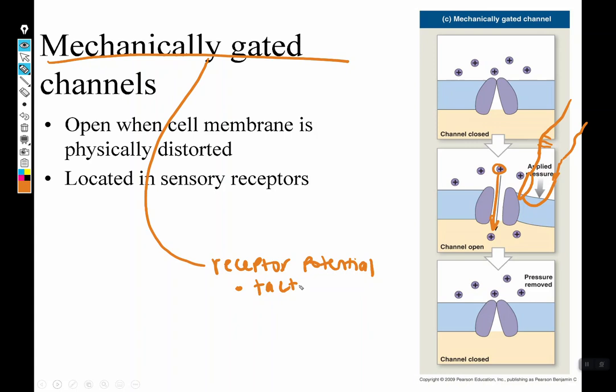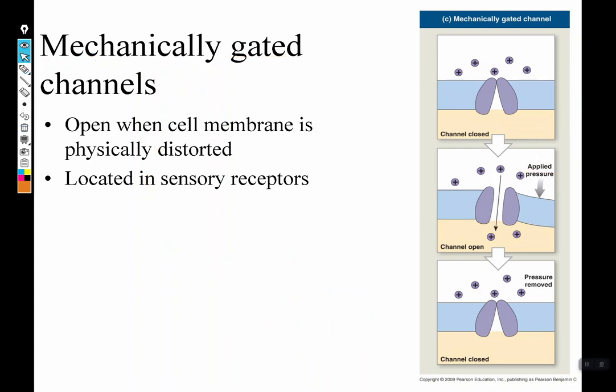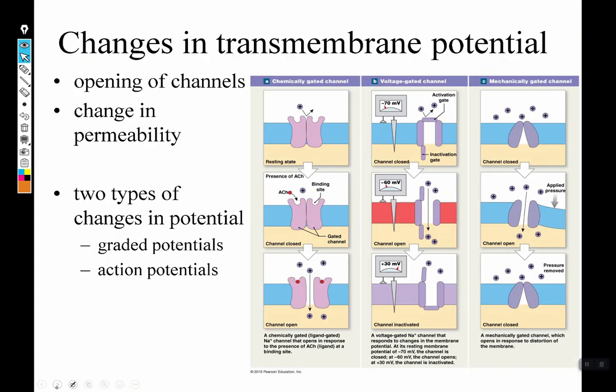So let's put tactile, but also hearing and balance. These are also mechanically gated ion channel thingies. So those are pretty easy to understand just looking at this picture. So let's move on to voltage gated ion channels.